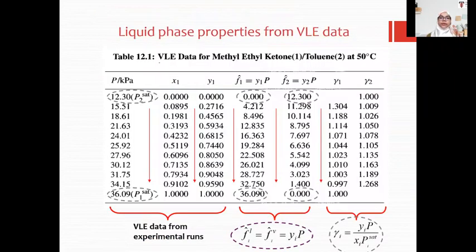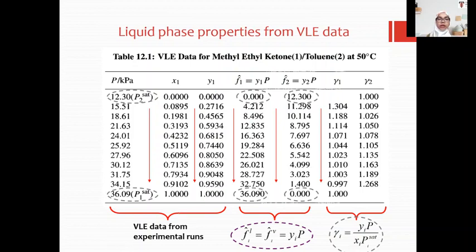This is just to show that the fugacity based on the Lewis-Randall rule can be replaced using the modified Raoult's law. For example, if we are given a set of vapor-liquid equilibrium data, we have the pressure versus the mole fraction, so P versus x, y. If the composition in the liquid phase can be determined, we can also obtain the composition in the vapor phase.